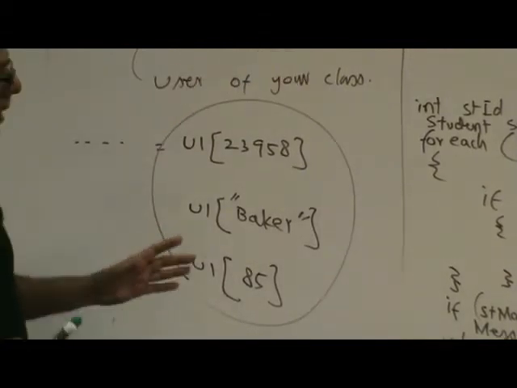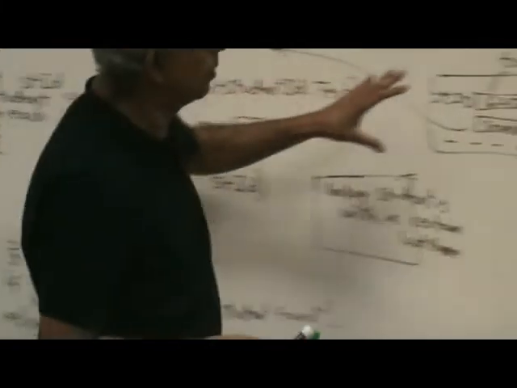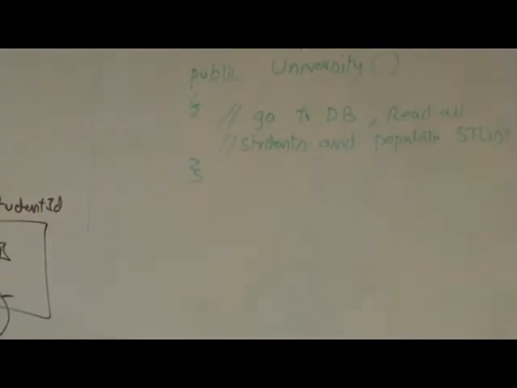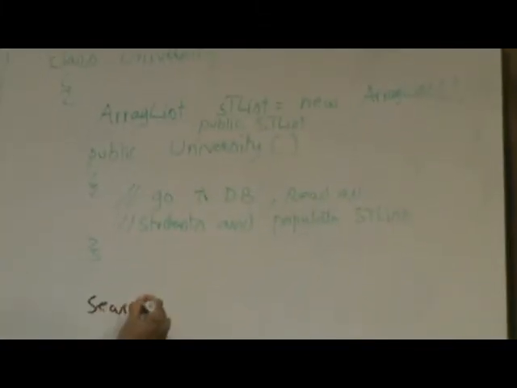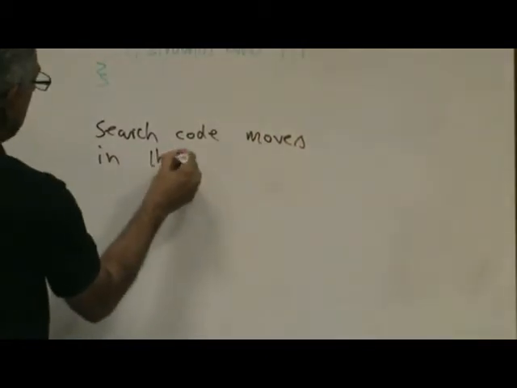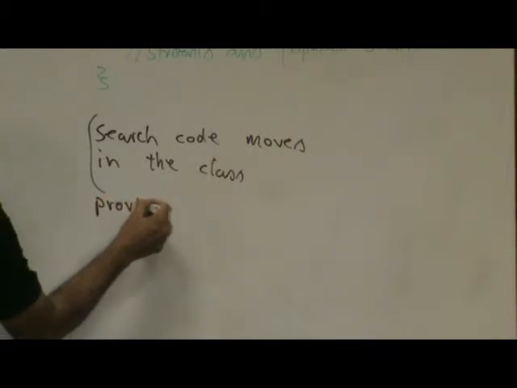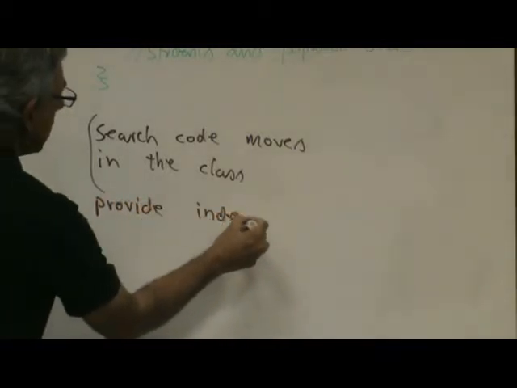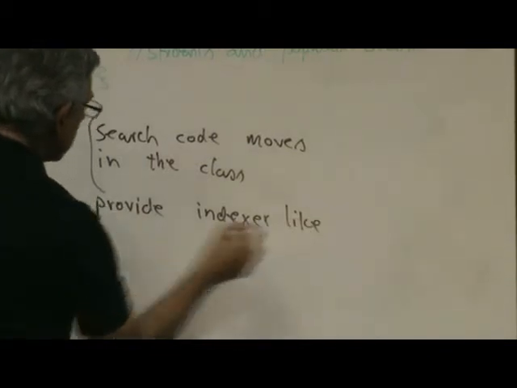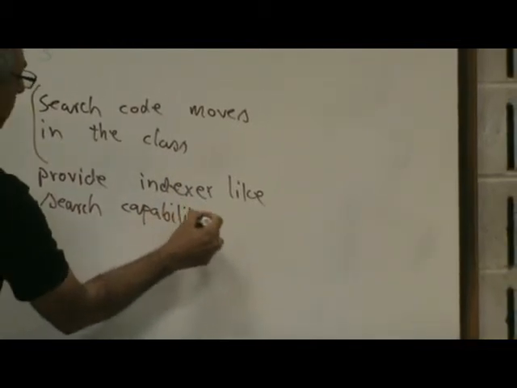Okay, so the whole idea is don't have the end user, meaning our user interface, write the looping code. Move the looping code over here inside the class, okay? So all the search code moves over here. Okay, and then to make it even easier, provide indexer-like search capability to the user of our class.